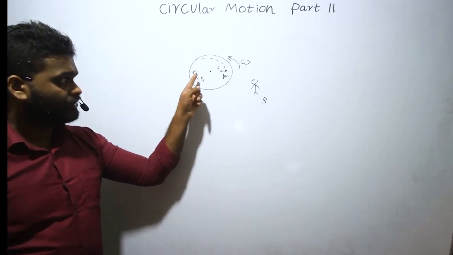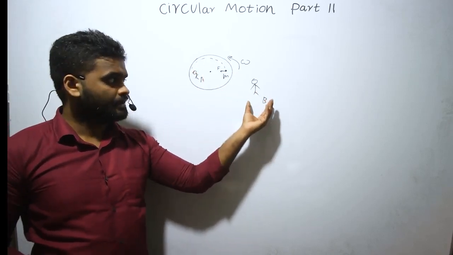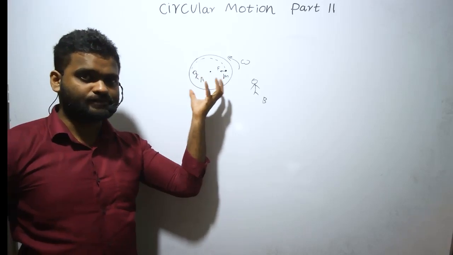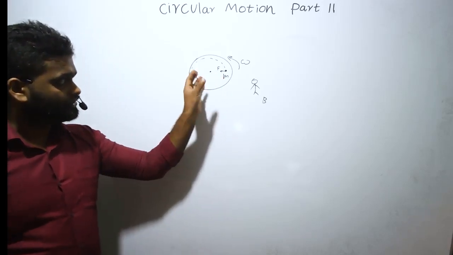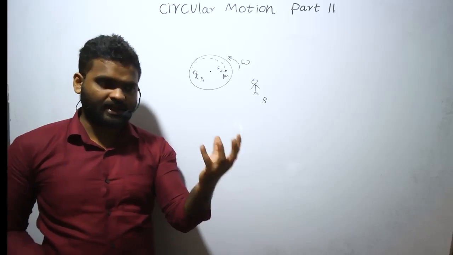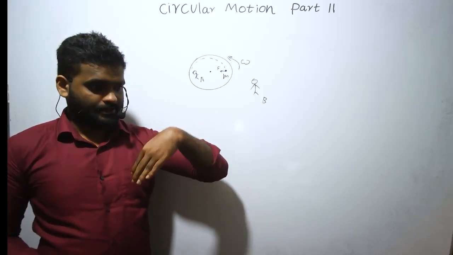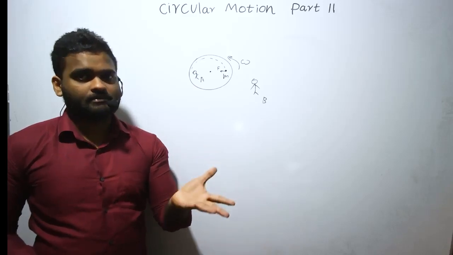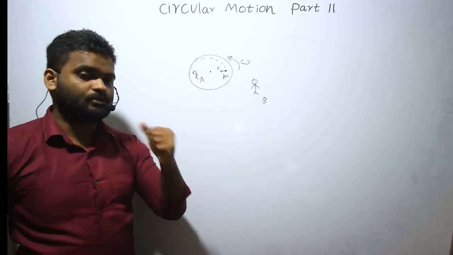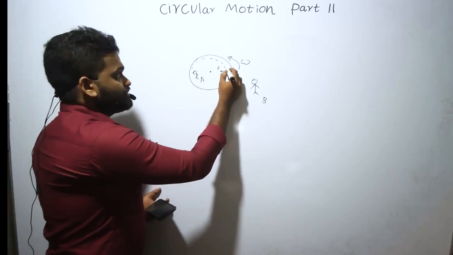But A also is in a non-inertial frame. B is in an inertial frame. A is in a non-inertial frame. Because both A and the mass M are in the same frame, there cannot be a relative motion between them. So A does not notice that M is moving. So he doesn't see this velocity.